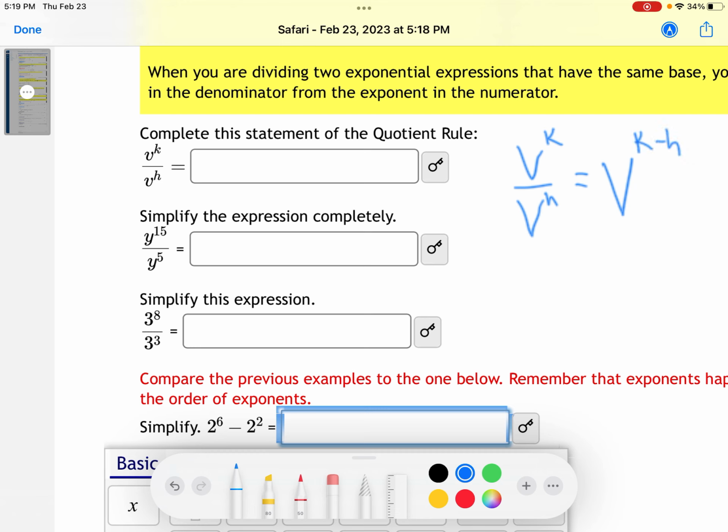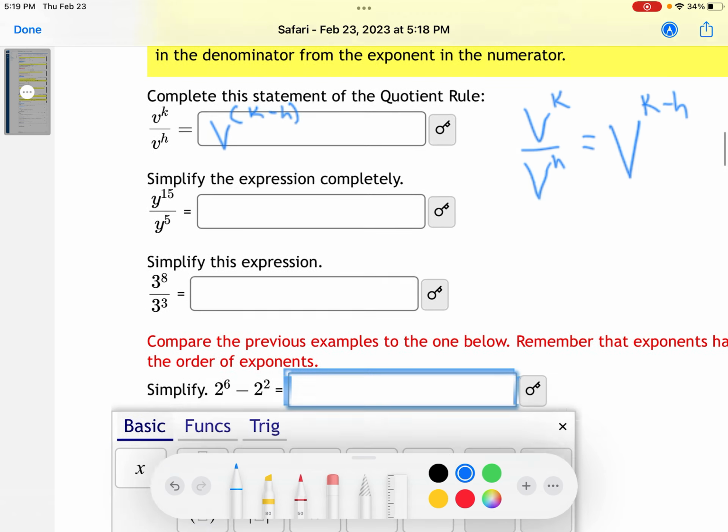The problem is that when I try to type that in, v to the k, when I press the minus sign, it makes a big minus down here like that. We don't want it like that. We want it v to the k minus h up here. So the way to get around that is when you type this in, do v raised to the parentheses k minus h. And that should save you.